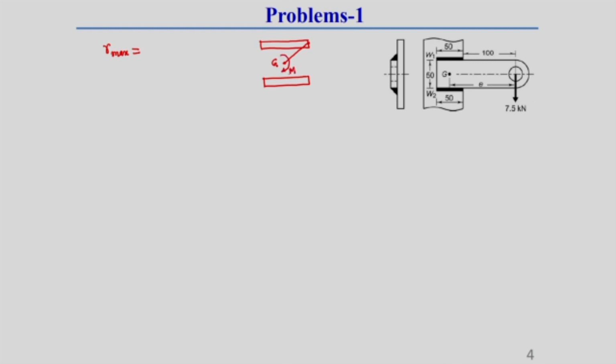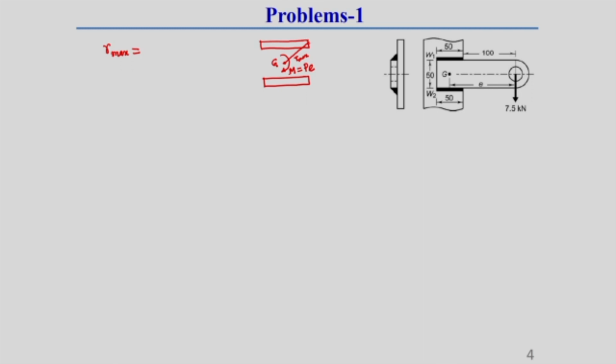This is the M couple. This M couple is equal to P into e. I have already shown you what e is, and the farthest distance is the r max. I have already told you the direction of tau max is always opposite to the direction of the moment.